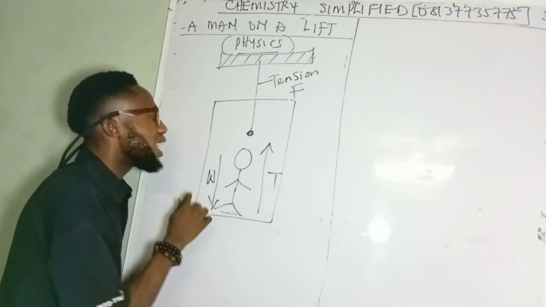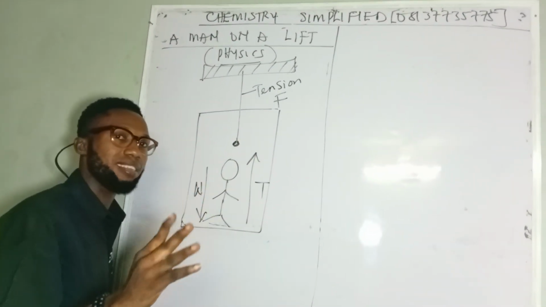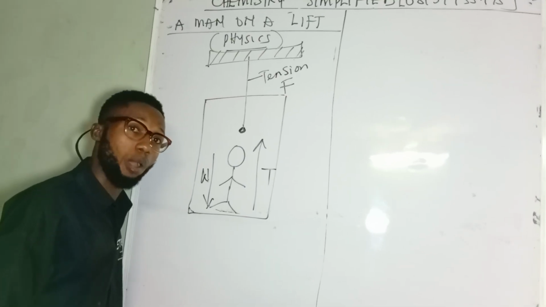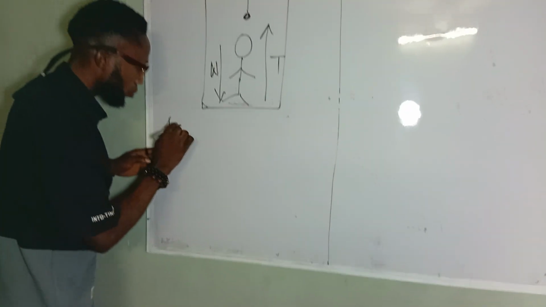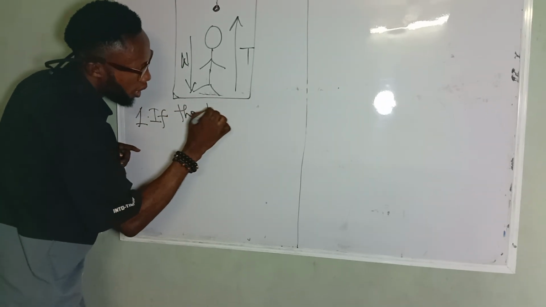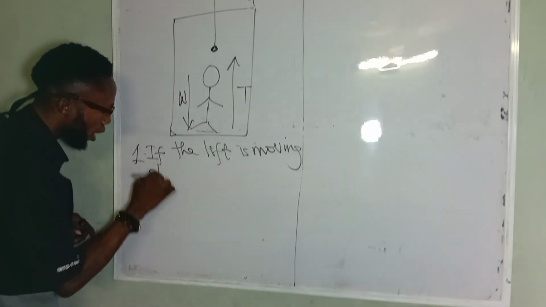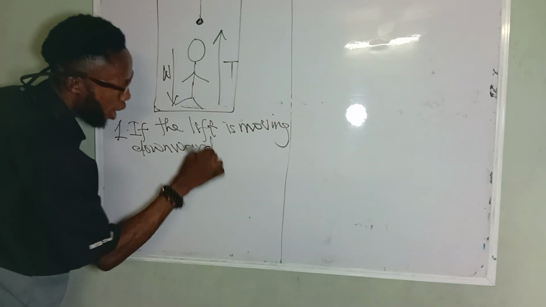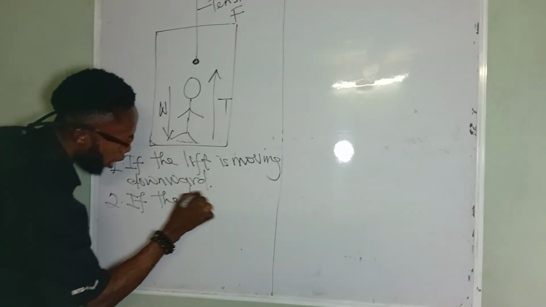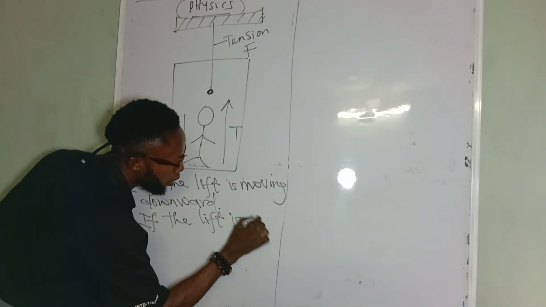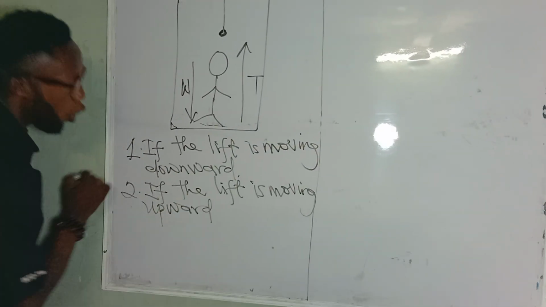Do you understand? Alright, now for a man on a lift, there are 4 things that can happen. How many things can happen to a man on a lift? 4 things. Number one, the lift is moving downward. Number 2, the lift is moving upward.